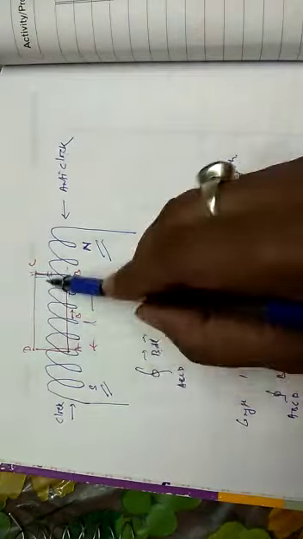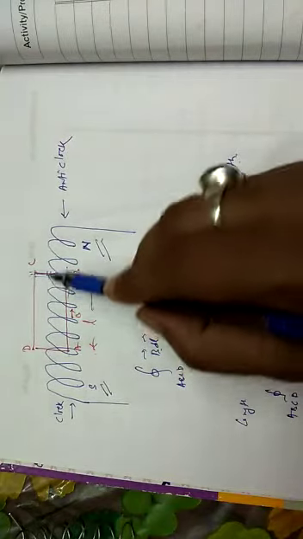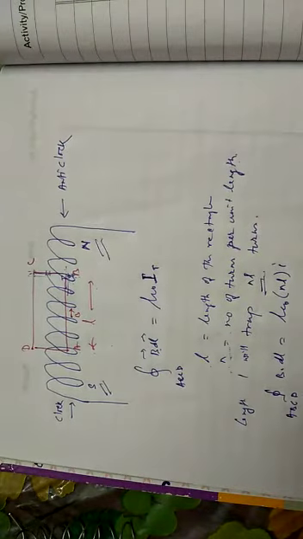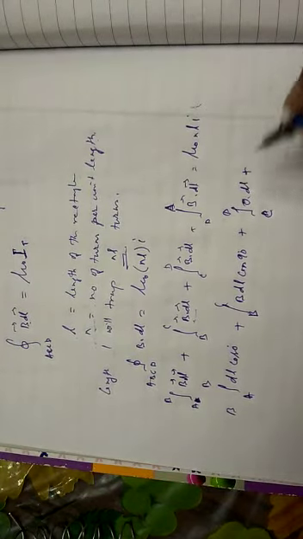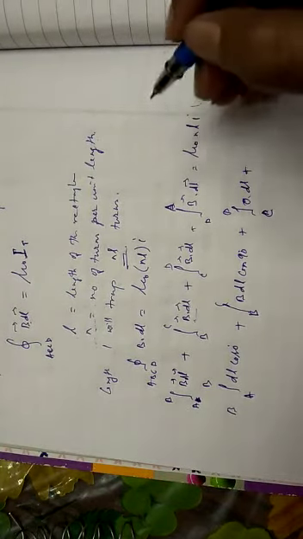Here C to D is just outside the solenoid, and just outside the solenoid the magnetic field is 0. So for C to D it is 0 dL. And for D to A, again it is 90 degree.